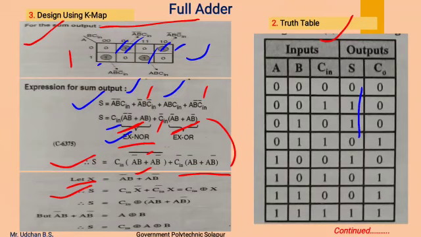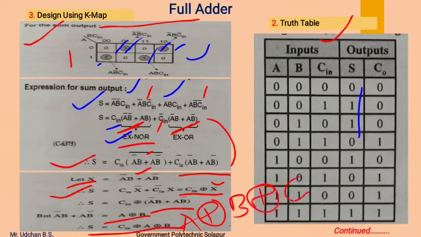So we can write over here C in XOR X. Now we know X is nothing but A bar B plus AB bar, which is A XOR B. So the whole equation becomes sum is equal to C in XOR A XOR B, which can be written as A XOR B XOR C in. This is how we get the equation for sum.